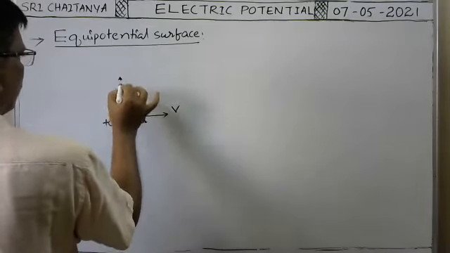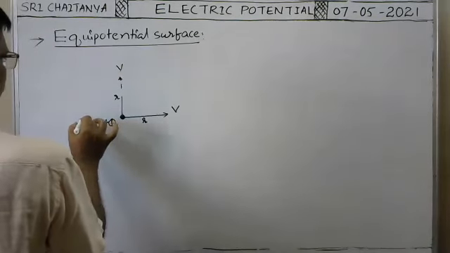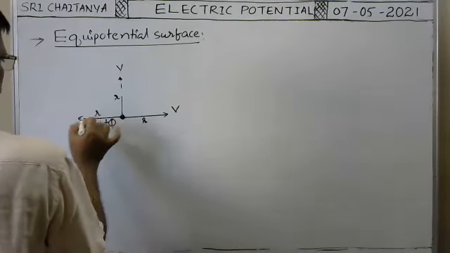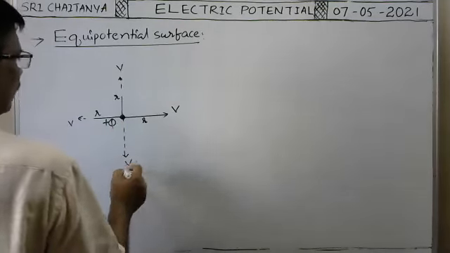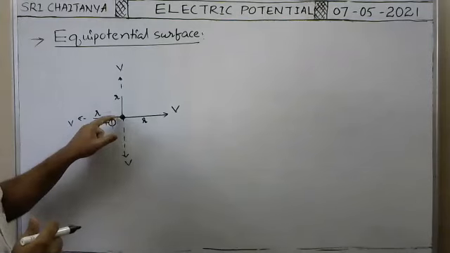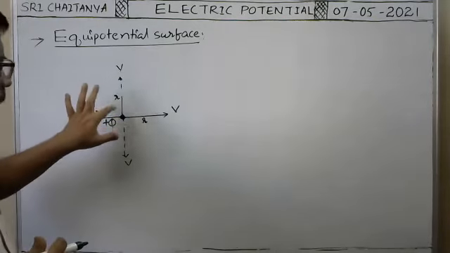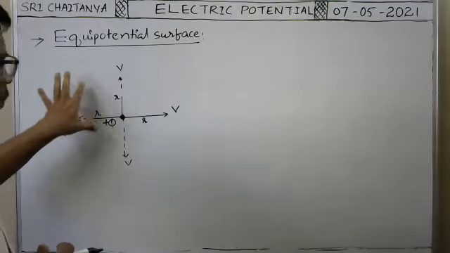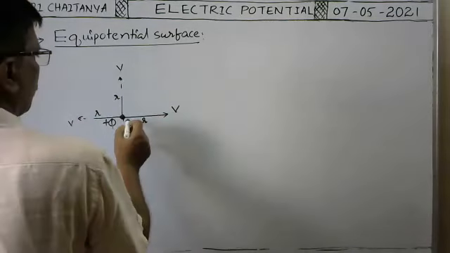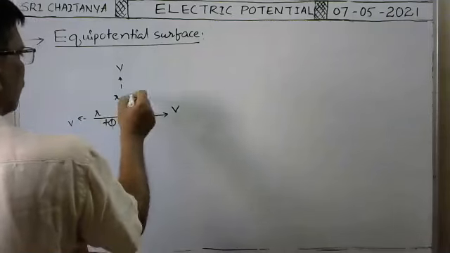Here also, at the same distance, the potential is V only. In this direction also, at the same distance r, the potential is V only. In this way, around the charge, in the electric field formed by this charge, you find different points where the potentials are equal. Suppose at a distance r around it the potentials are equal.